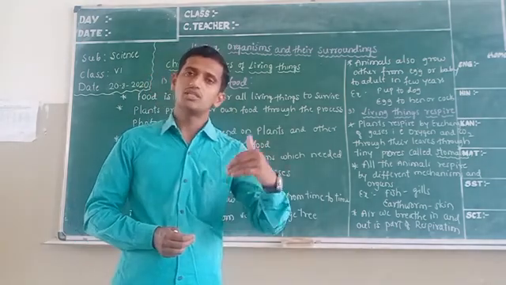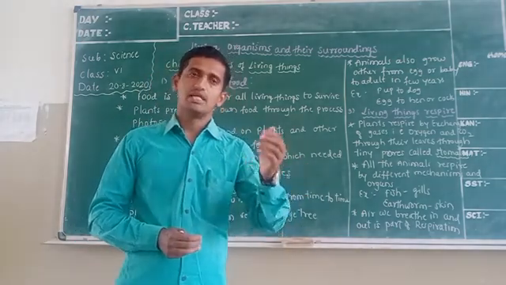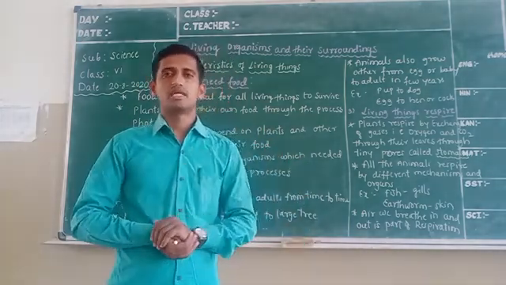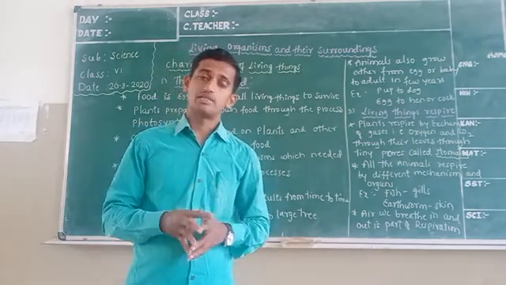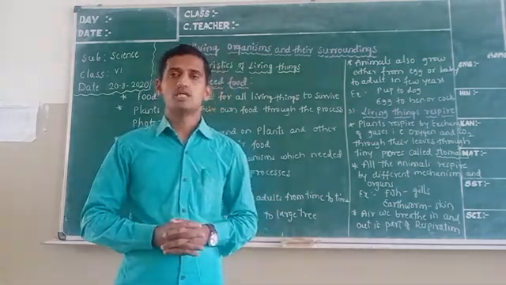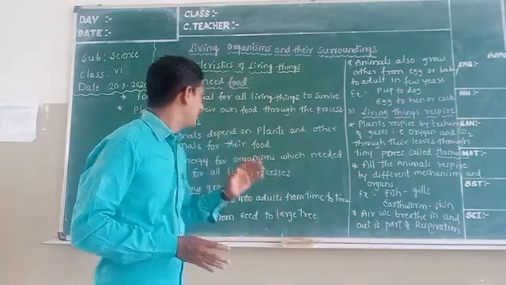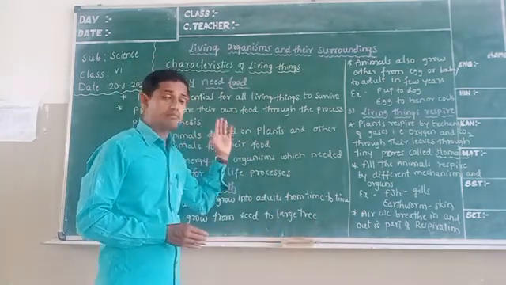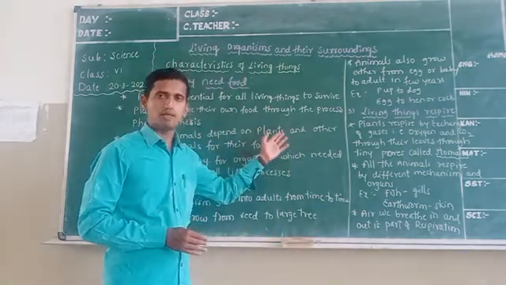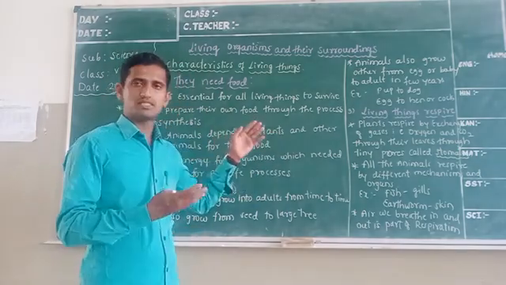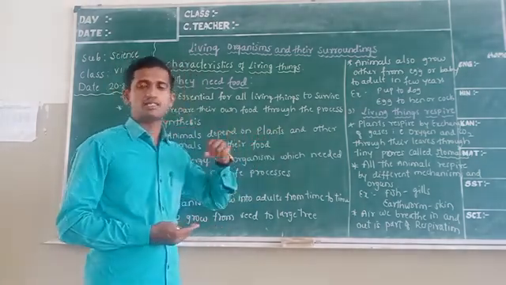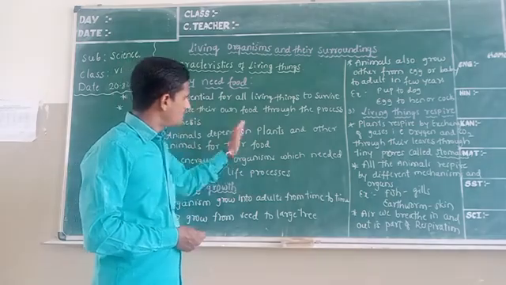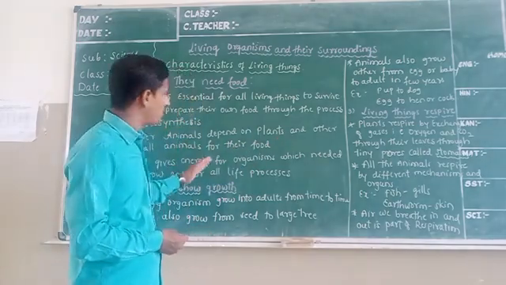They hunt other, smaller animals, and by eating those animals they survive and obtain their food. So this is how animals get their food: by depending upon any kind of plants, eating their parts, and some other animals eat other small animals for their food.